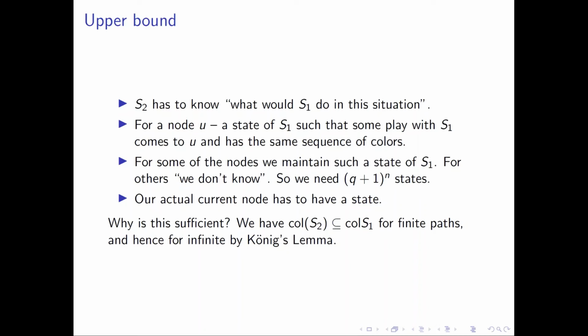We will talk about that a bit later. But one more very important requirement is that when we play using S2, there is always some actual current node from which we have to make a move. And we have to maintain that there is always something non-trivial assigned to this node, some state of S1, because we have to do something in this node, right?